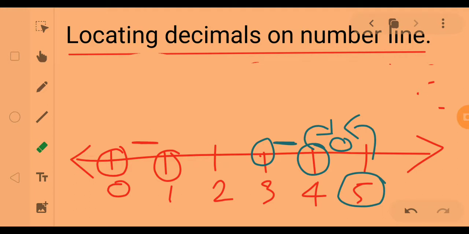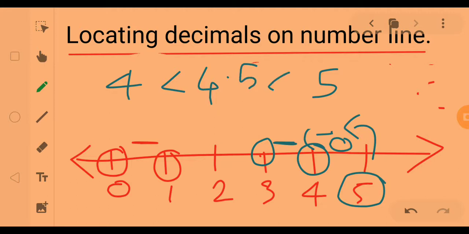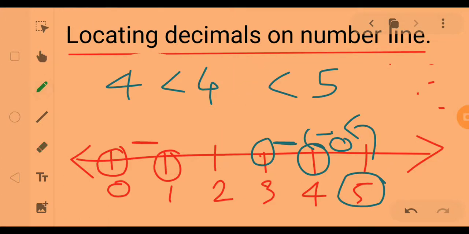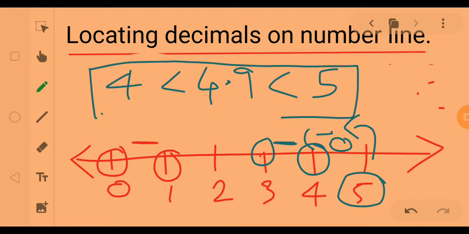First we write 4, and on the right side we write 5, and 4.9 between them. So we write 4 is less than 4.9, less than 5. This is how we write a decimal number between whole numbers.